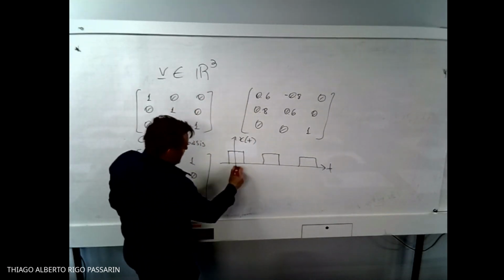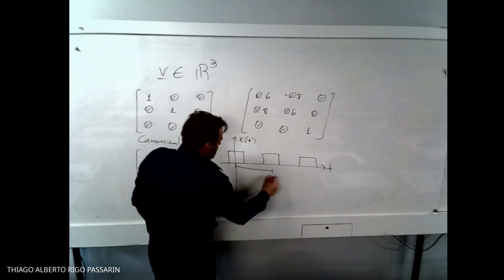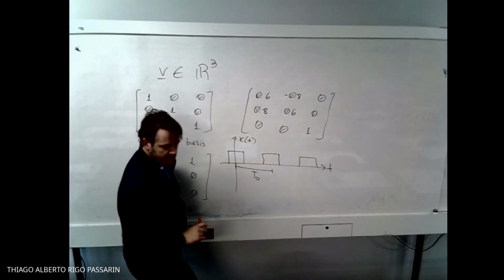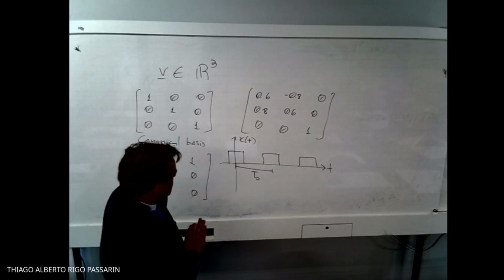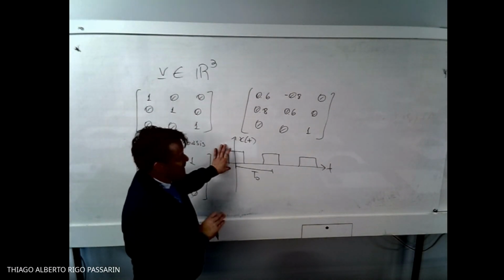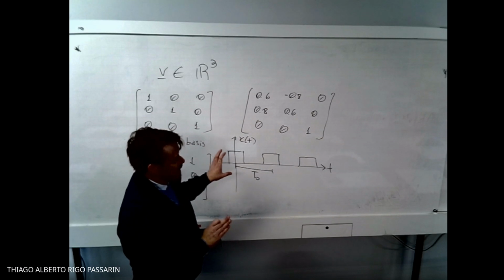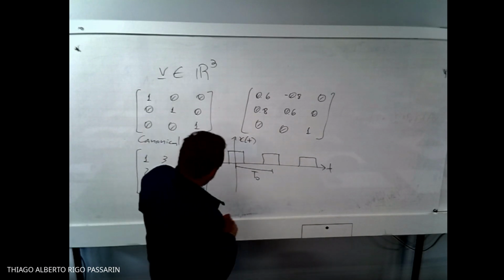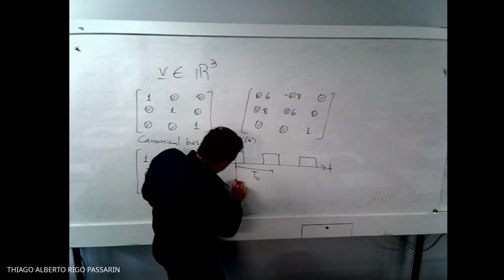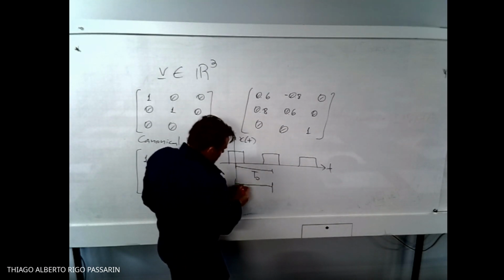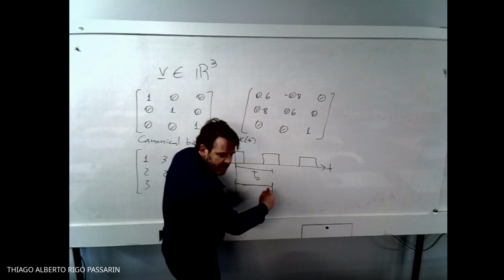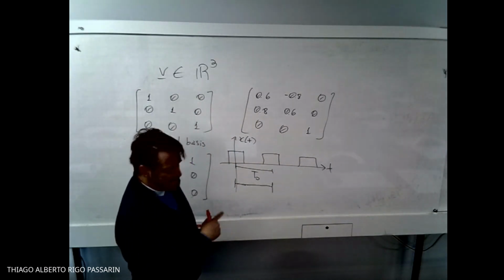It repeats at every period T0. So we will treat periodic signals here exactly as if they were vectors. As if within one period, we have a vector with infinite entries because it's a continuous signal.